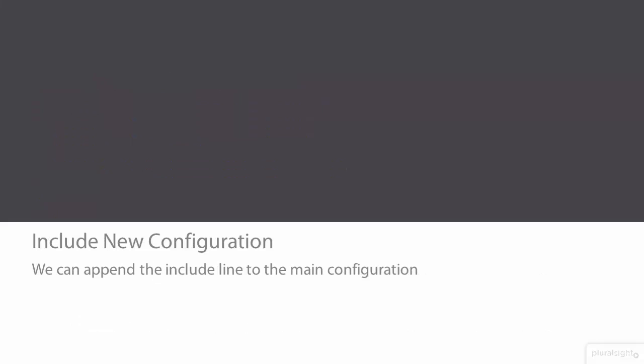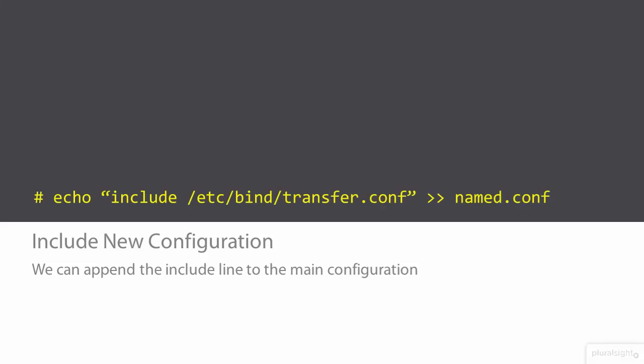We need to reference this configuration file, so we're going to use an include line within the named.conf. Remember, pretty much all of the named.conf does on an Ubuntu system is include other configuration files, and here we're just appending to the file.